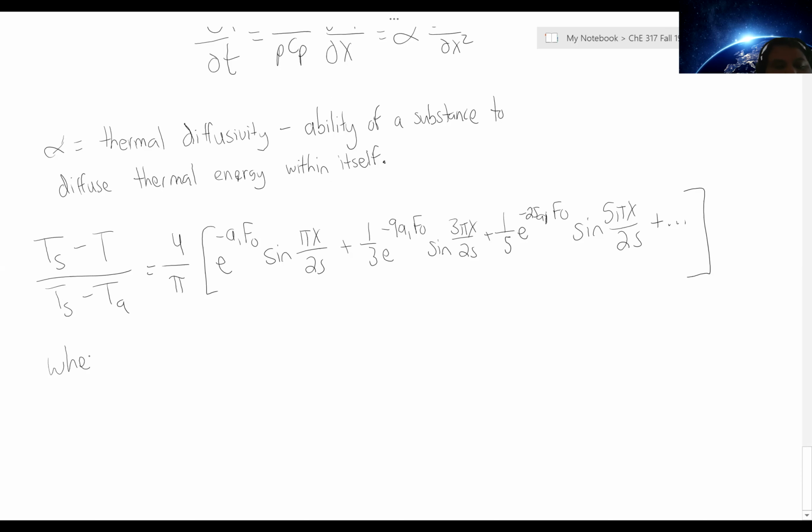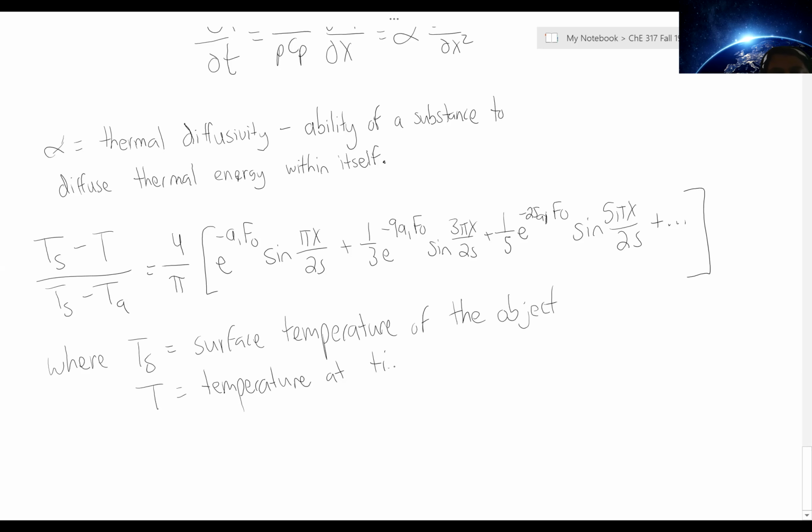And this is where T sub s is the surface temperature of the object. T is the temperature at time t and position x.